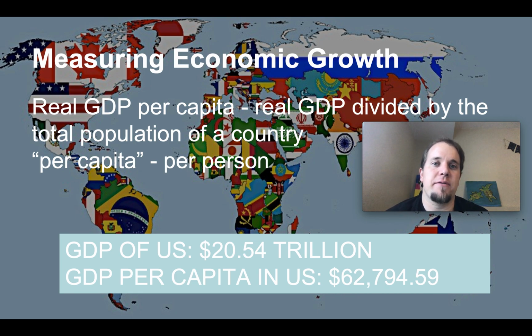Divided by the amount of citizens in the US, you would find that the GDP per capita in the US is $62,794.59. So simply it takes the GDP divided by the total amount of citizens, and what is remaining is the GDP per capita.